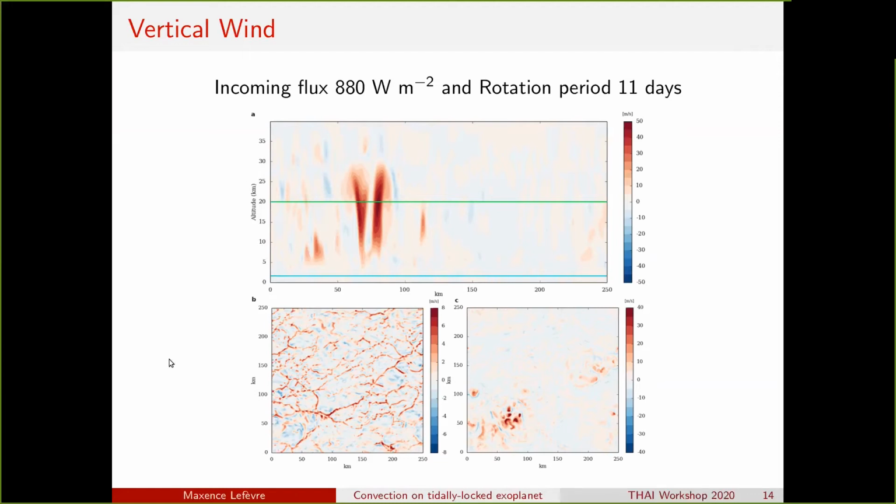On the bottom panel, you can see a horizontal cross section of the vertical wind at 1 kilometer, with convective cells of 50 kilometers in diameter. And here is a horizontal cross section of the vertical wind at 20 kilometers, where you can see the deep convective cells.